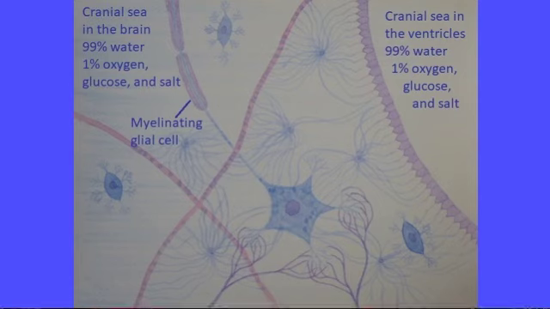It's an aqueous environment. Those are the brain cells. This is a ventricle here. There's loads of space. The cells are held together by tentacles, and they're more like seaweed floating in the sea. So the cranial sea can just flow through that. There's a lot of space.